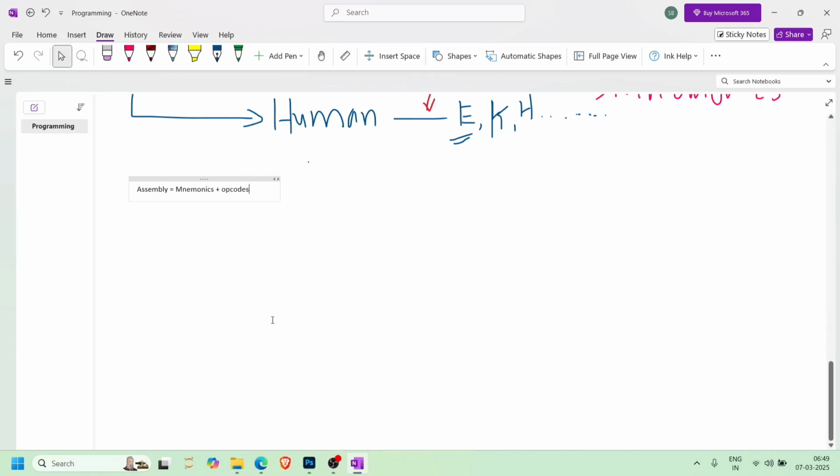Mnemonic means the part present in high level language, and the part which is present in low level language is called opcodes.